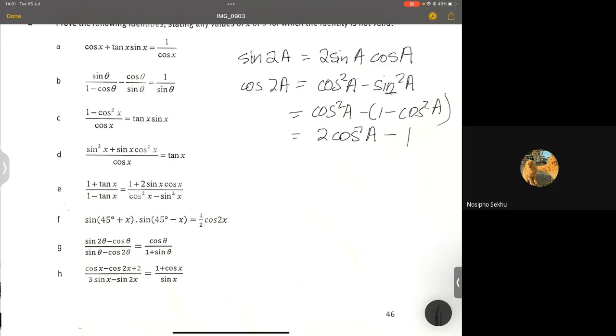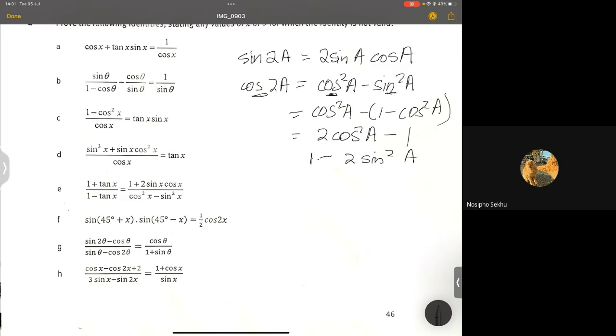I'm going to give you tips as I go along, just stay with me. But you can also write it by changing cos squared of a into 1 minus sine squared of a, and what you end up with is 1 minus 2 sine squared of a.